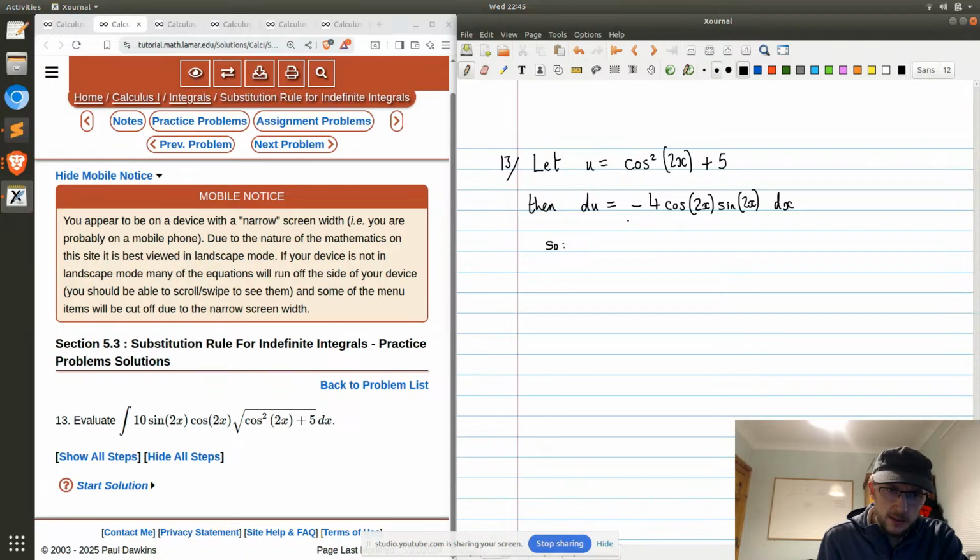So to make that look like that, we will have to divide by -4 and multiply by 10. So times by -10/4, which is -5/2. Is it not?